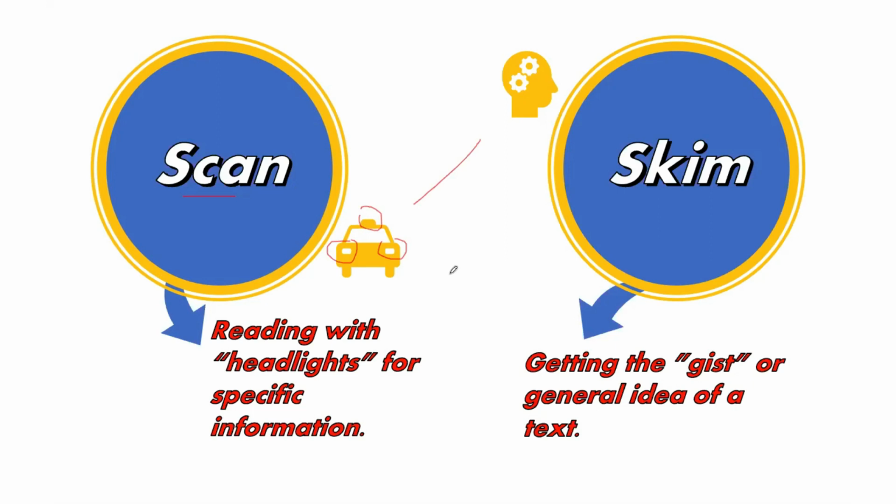You have to see an animal crossing the road, or you have to see people crossing the road. And so in this case, when you are scanning, you are reading for specific information with your headlights because you have to see certain terms or certain phrases that you have picked apart from your first step, which is read the questions.